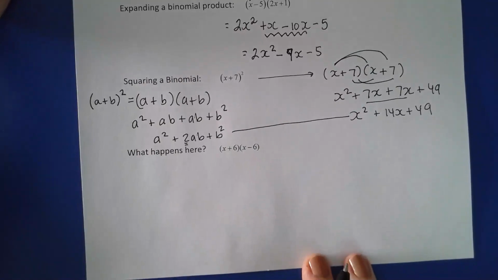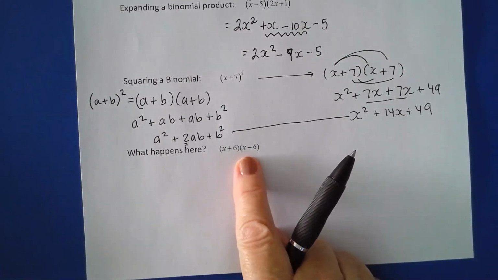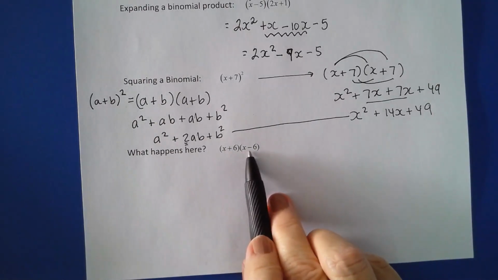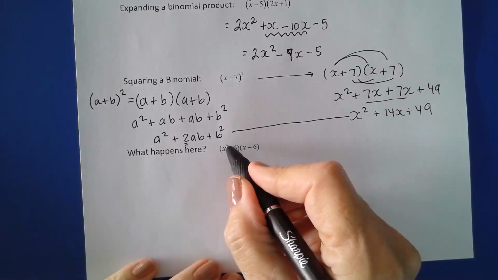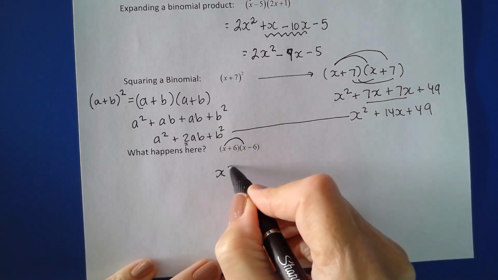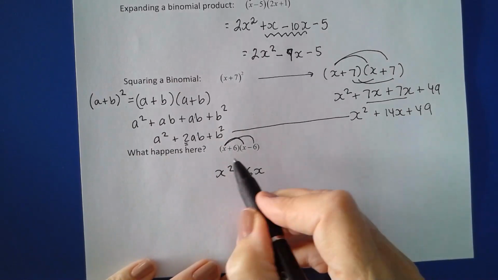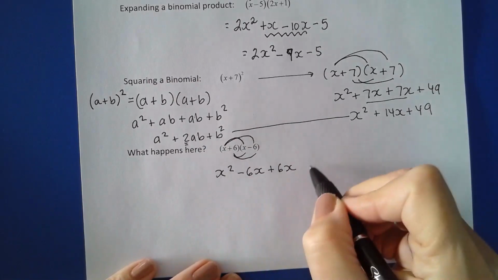Okay, the difference of two perfect squares is this thing. That's not, I'm lying. These are exact opposites. Do you see it? So this one ends up being, am I going too fast? It ends up being x squared minus 6x, and then plus 6x minus 36.